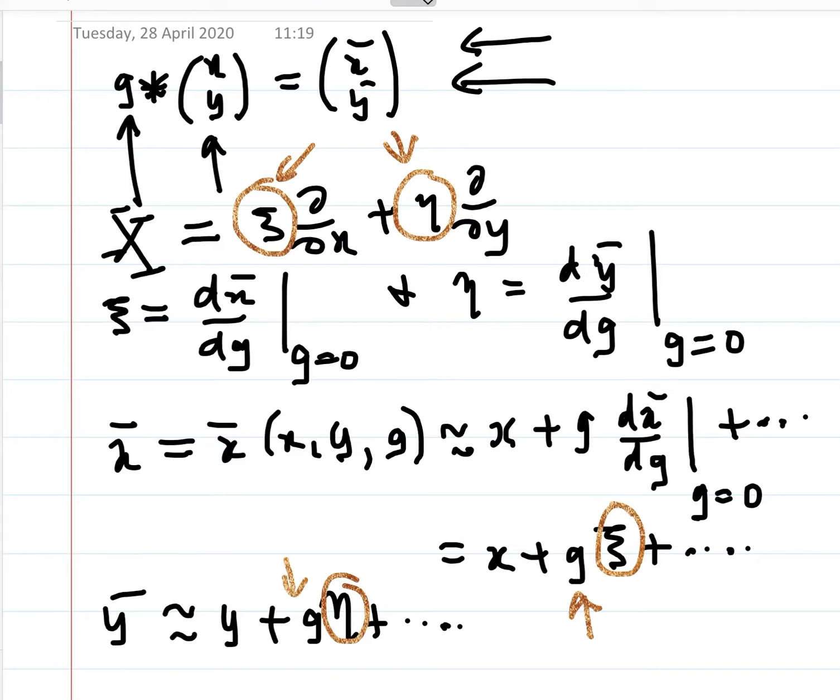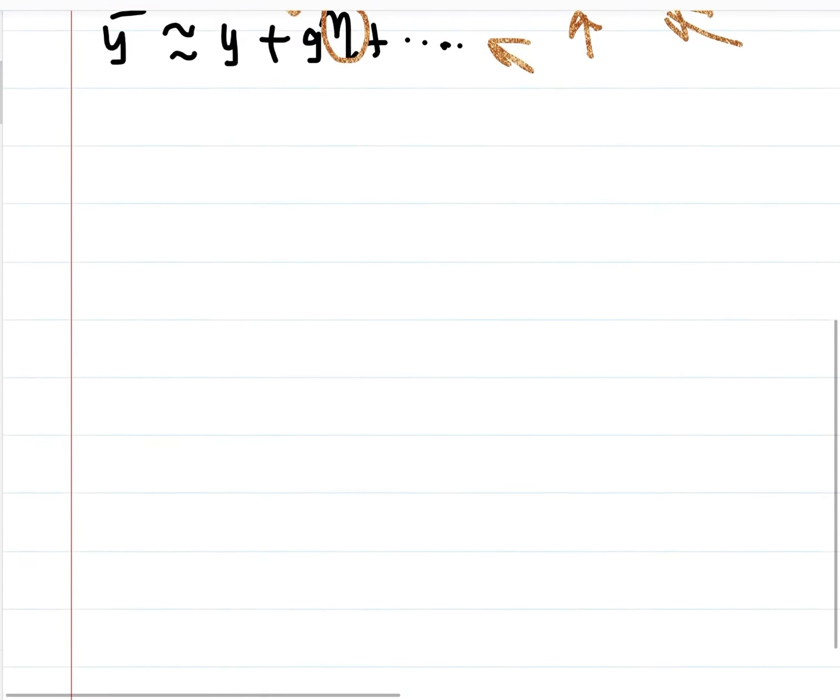So one needs to keep in mind these various forms of the one parameter Lie groups of transformations and the vector fields that represent the tangent vectors to the curves generated by the one parameter Lie group of transformations.